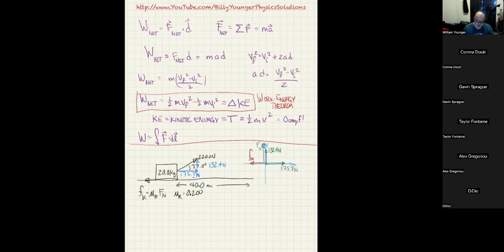So that in fact gives us a downward and therefore negative weight equals mg, which is 196.0 newtons in the downward direction. That seems to be all the forces acting on it.